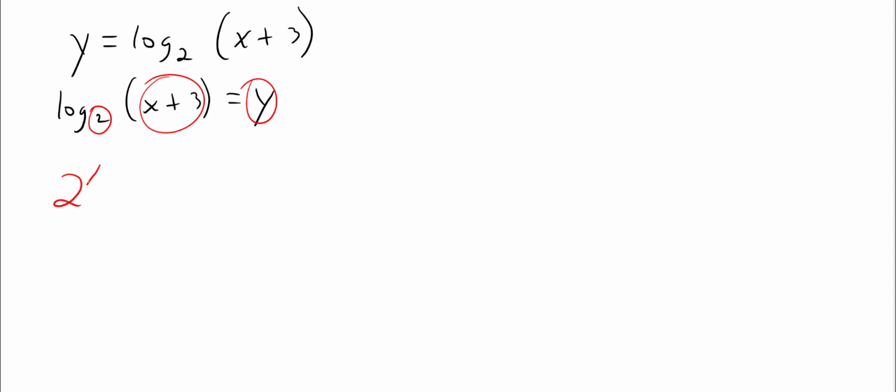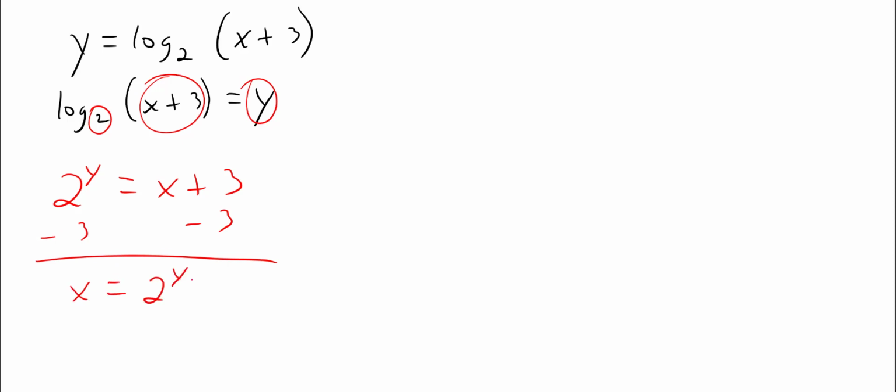And what I say to do, you got to solve for x, so I'm going to subtract 3 from both sides. So I'm going to put the x on this side, not on the left. So x equals 2 to the y minus 3. Okay, so you got to solve for x. Very, very, very important.